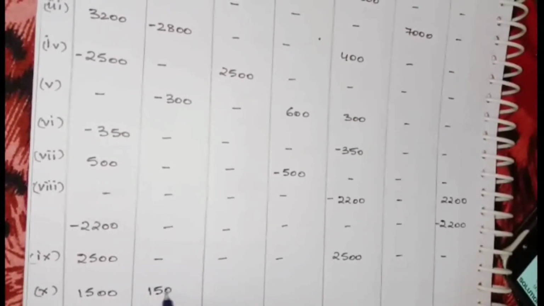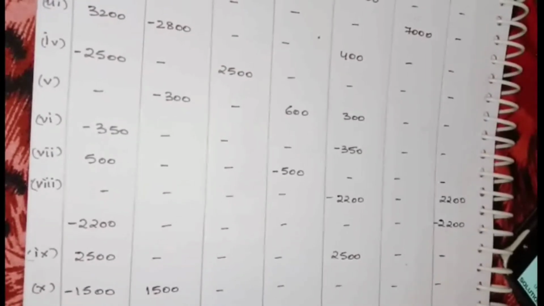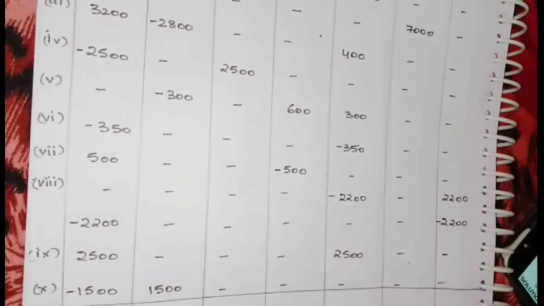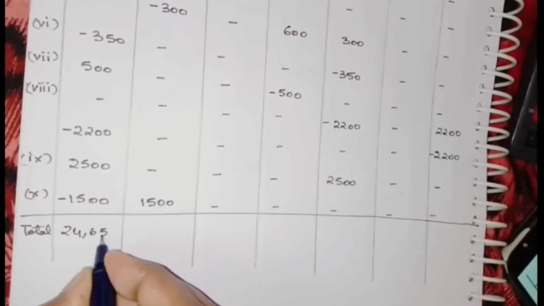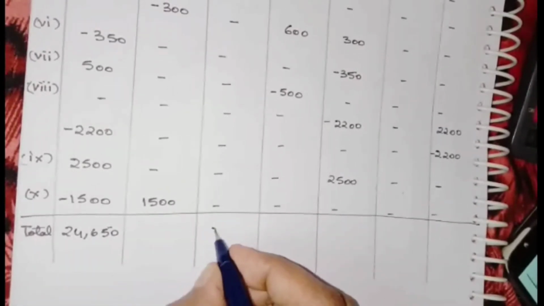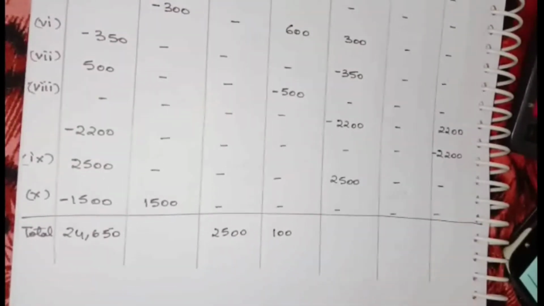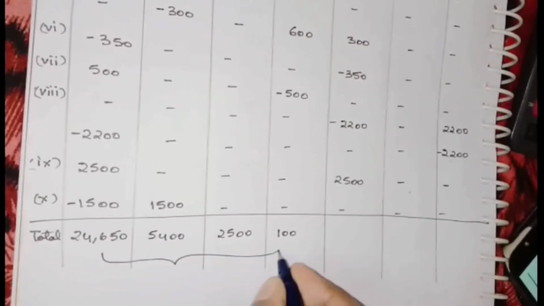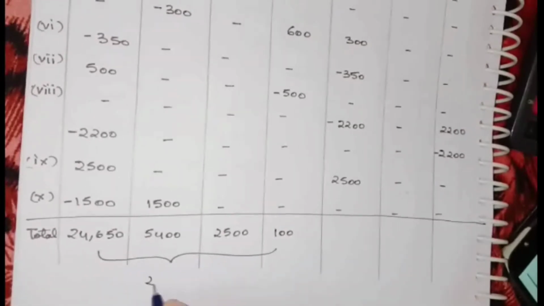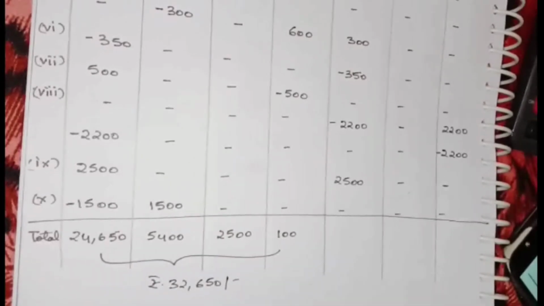And tenth, purchased goods from Murali for cash. It is a cash purchase. Stock is coming in and cash is going out. So deduct the cash and add 1,500 to the stock. Now total the columns. 24,650 is cash, 2,500 furniture, 100 rupees debtors, and 5,400 is stock, which comes to 32,650.